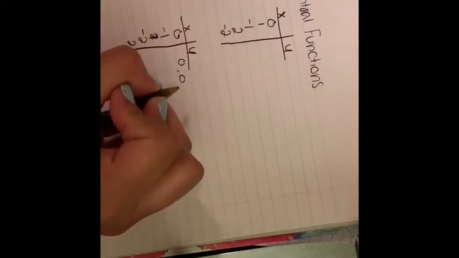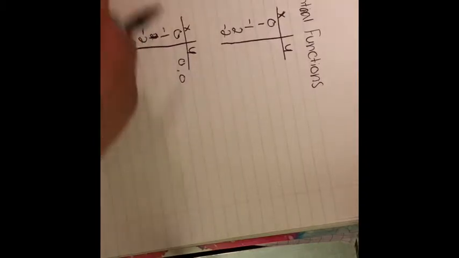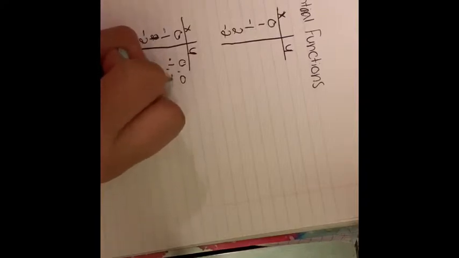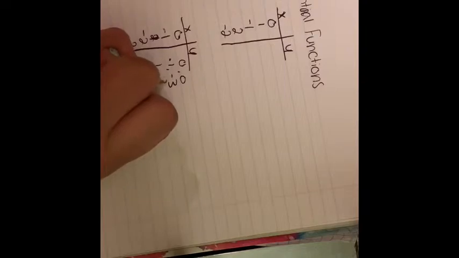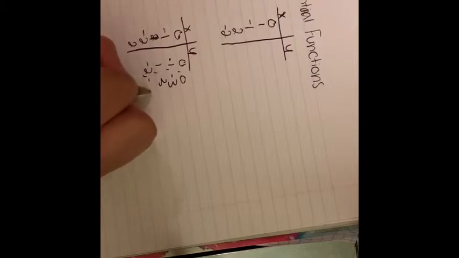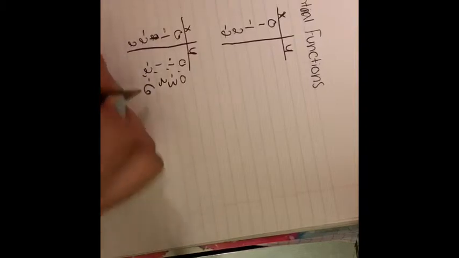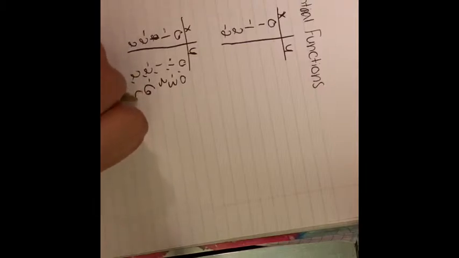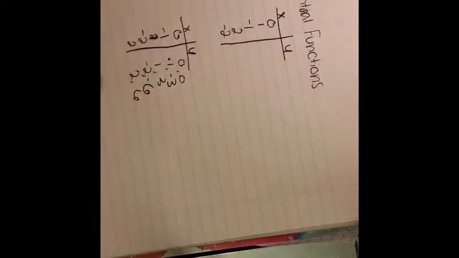Then 3 times -1 will be (-1, -3). Positive 1 would be (1, 3). -2 would be (-2, -6). And then you will graph that.